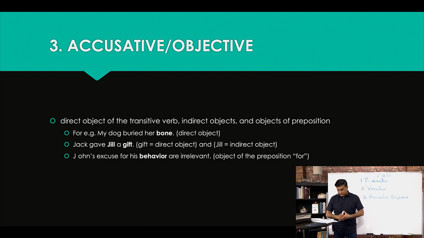Direct object of the transitive verb: my dog buried her bone. Bone is a direct object, accusative. Bone would be in the accusative case. Jack gave Jill a gift. In that case, gift is a direct object, accusative, and Jill is an indirect object, also accusative.